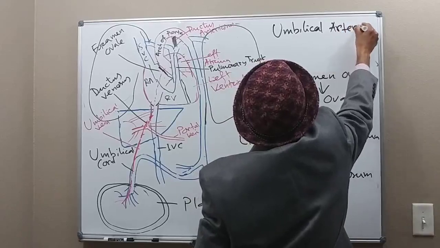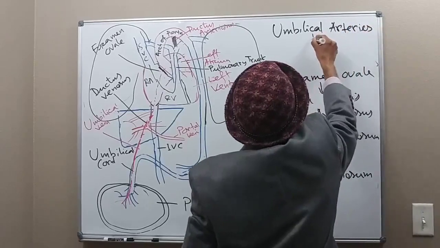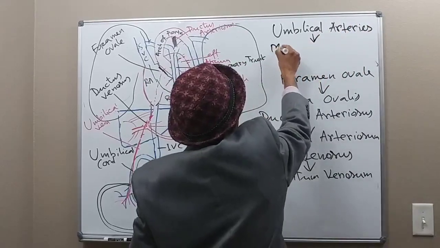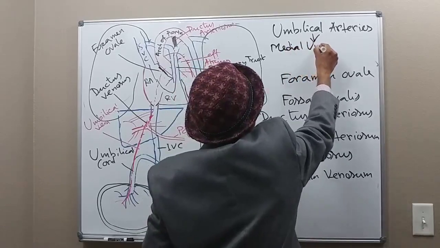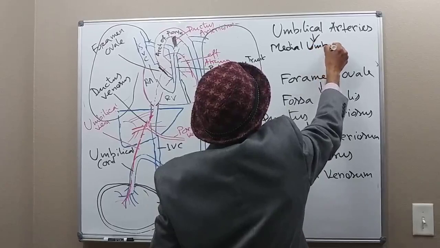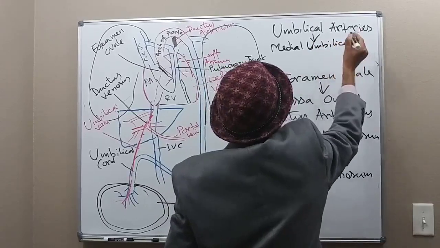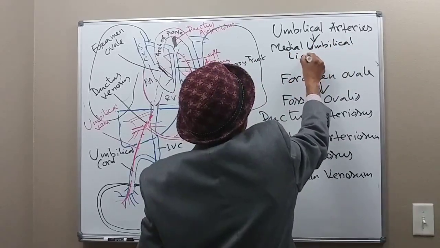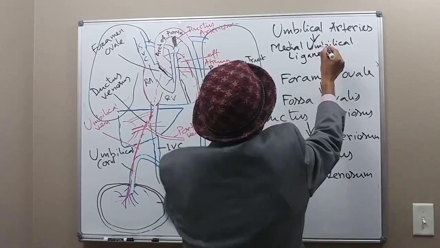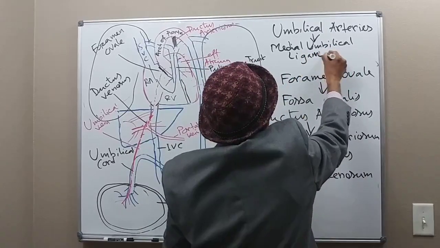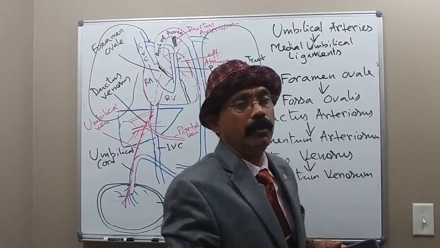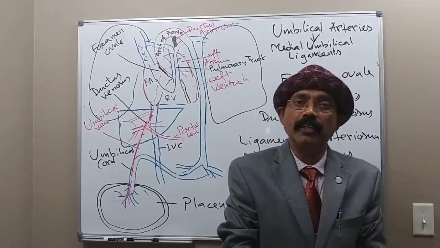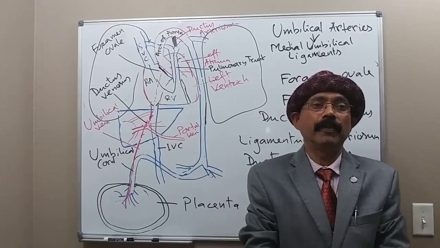They will become the medial umbilical ligaments. After birth, okay, they will also give rise to the formation of the superior vesical artery.